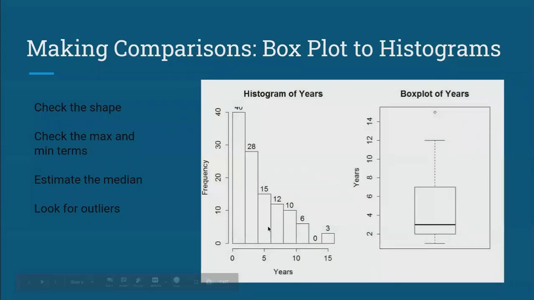When you estimate the median looking at a histogram, remember, the median does what to the data? And again, I can't see you typing, so if anybody is brave enough, please respond. The median does what to the data?